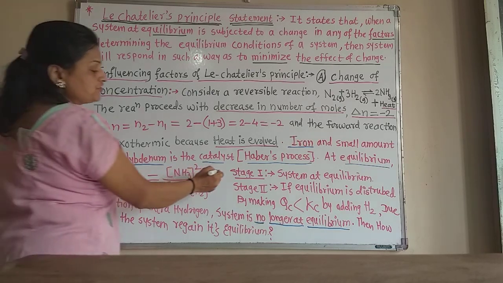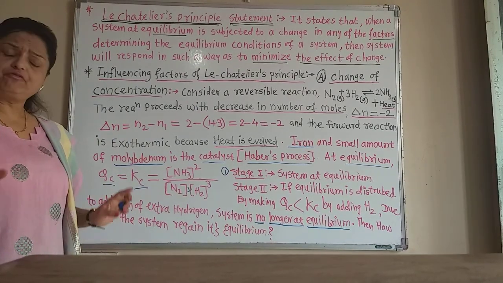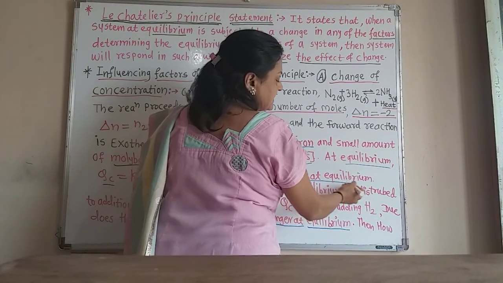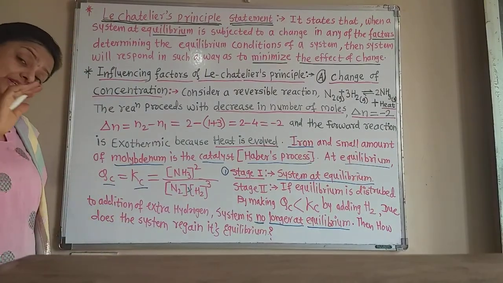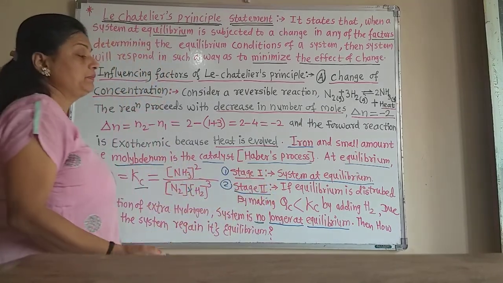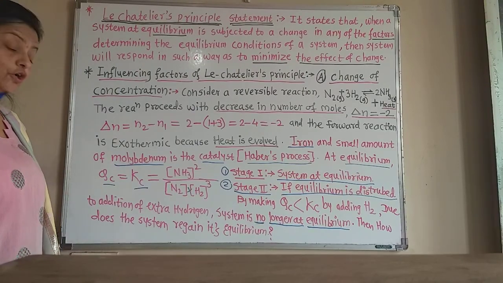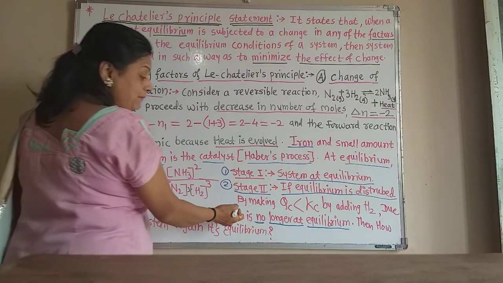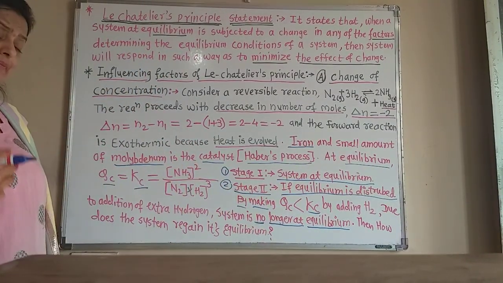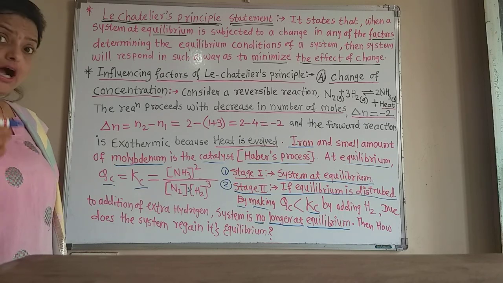Now in the first stage, if we do not make any change in that reaction, then the system is always at equilibrium. But in the second stage, if at equilibrium we disturb that equilibrium by making Qc less than Kc, that means Kc is greater than Qc, how do we disturb it?